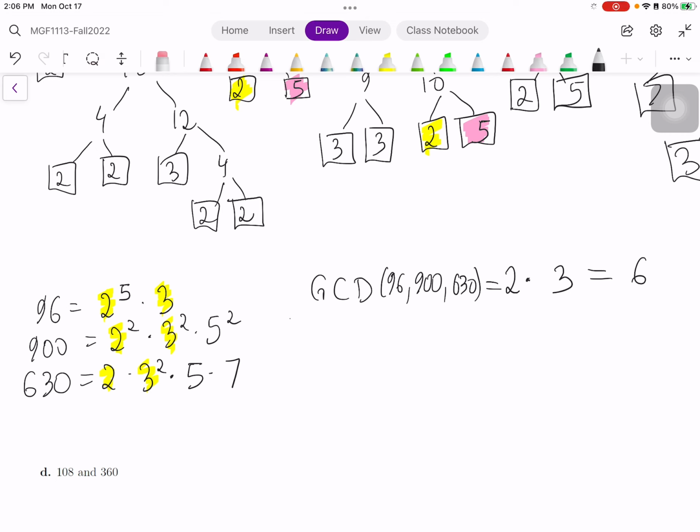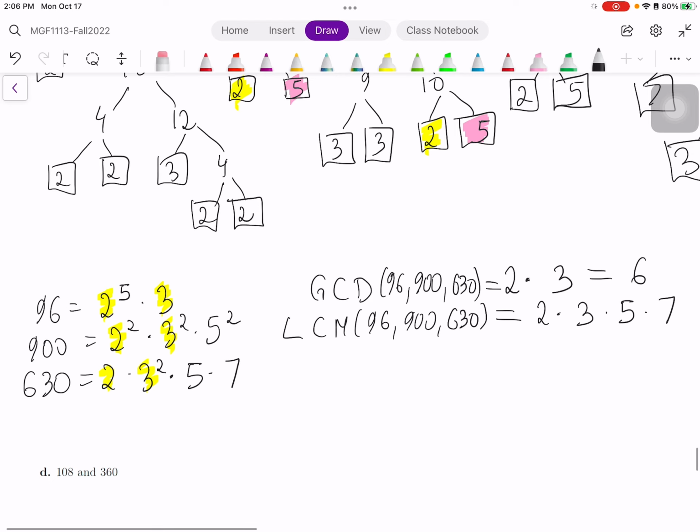Now the least common multiple of all those numbers. Again, if I look at the prime factorizations, which I already have, then this time I'm going to have to list all the factors that I see. So 2, 3, 5, and 7. And always with the biggest of the powers if they appear more than once.